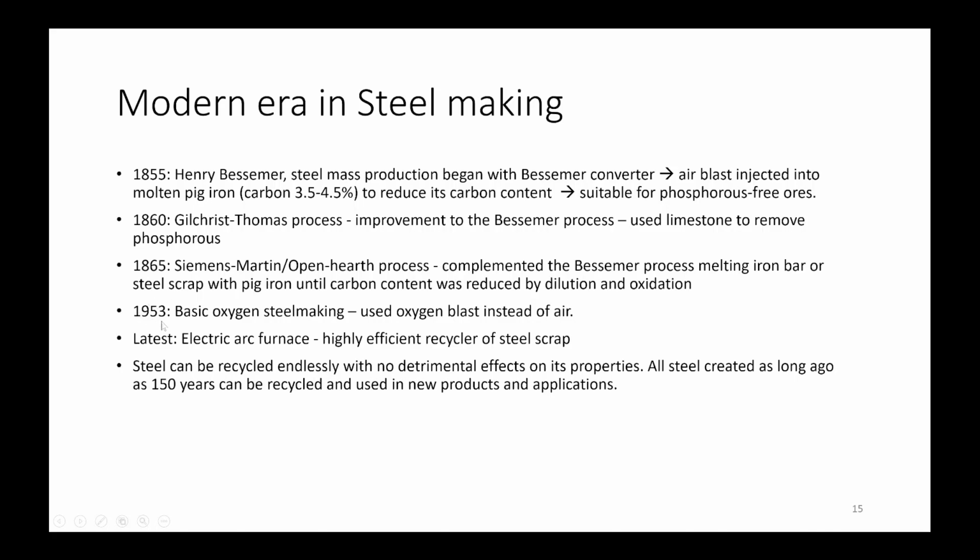Then in 1953, basic oxygen steel making, in which we used an oxygen blast instead of the air blast we used earlier. And the latest is the electric arc furnace, which is highly efficient and a recycler of steel scrap.